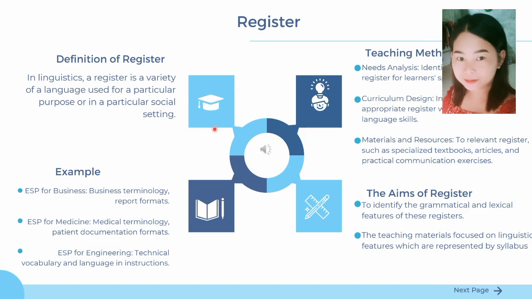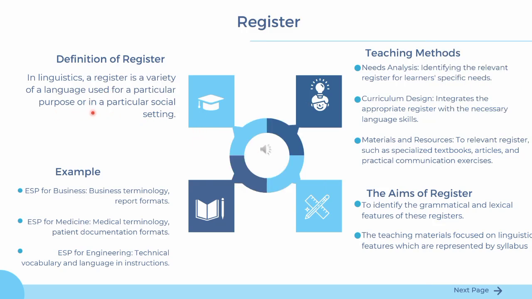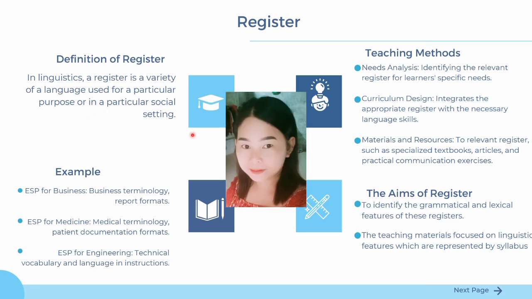So, register in linguistics is a variety of a language used for a particular purpose or in a particular social setting. An example of register is ESP for business: terminology, report formats.